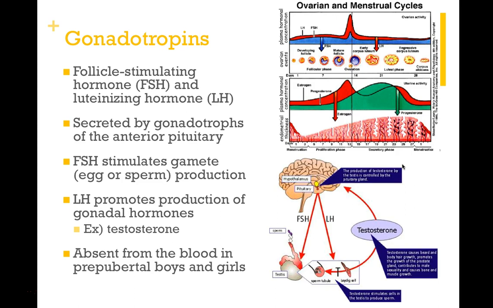So in the female, it will tell the ovary to secrete estrogen and progesterone, and in the male, it will travel to the testes and tell it to secrete testosterone. And all of these hormones are needed for gamete production, so they work hand in hand, these 2 hormones. We will not see FSH or LH secreted in the blood until boys and girls reach puberty.